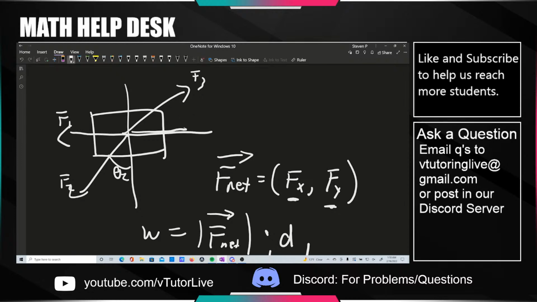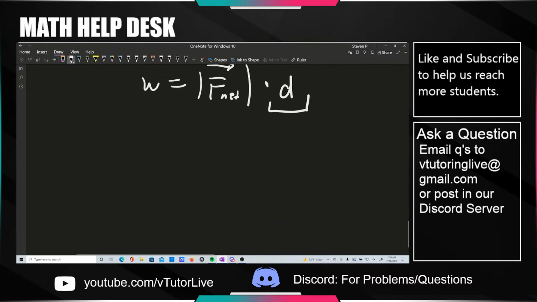Because this breaks down into F3 cosine theta 3, F3 sine theta 3, and similarly for this one over here. But keep in mind that it's the angle from the y-axis rather than the angle from the x-axis. So you just got to be careful about your sines and cosines. Just double check everything and work that out. All right, we keep going.